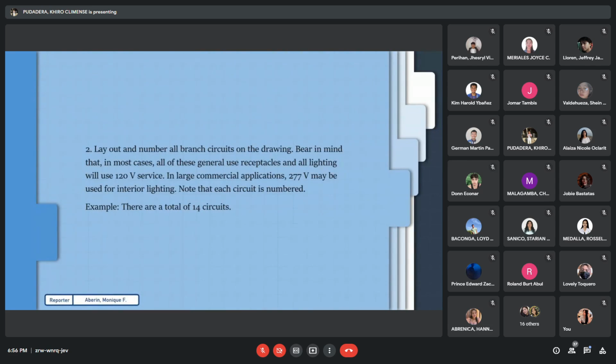Bear in mind that, in most cases, all of these general use receptacles and all lighting will use 120V service. In large commercial applications, 277V may be used for interior lighting. Note that each circuit is numbered. Example, there are a total of 14 circuits.